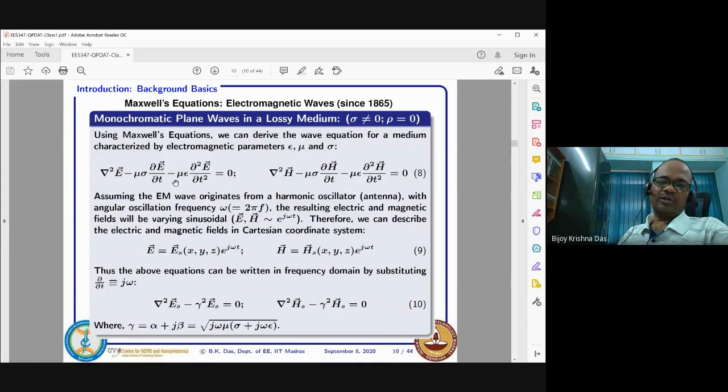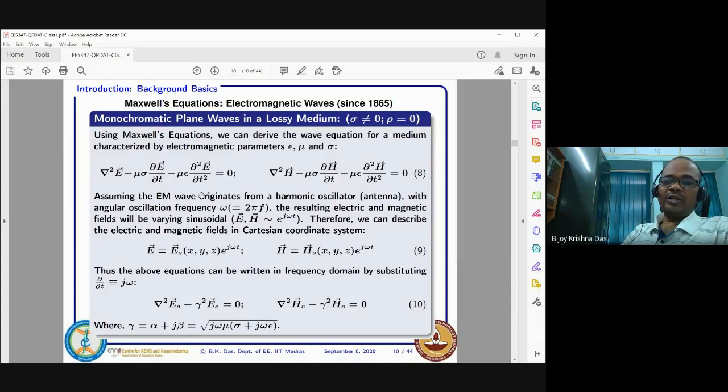Now when sigma is not equal to 0, you have some first order partial derivative also, along with sigma times mu. So this is the equation. Now we need to know the solution for this differential equation. You can find the electric field solution from this equation, and the magnetic field solution from the corresponding equation, and then you can relate the electric field and magnetic field through your curl equation.